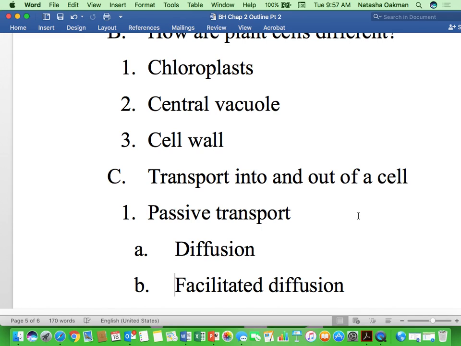So instead of moving through the phospholipid bilayer, they're moving through the proteins of the cell membrane.